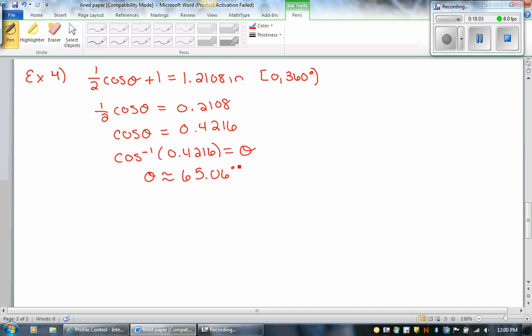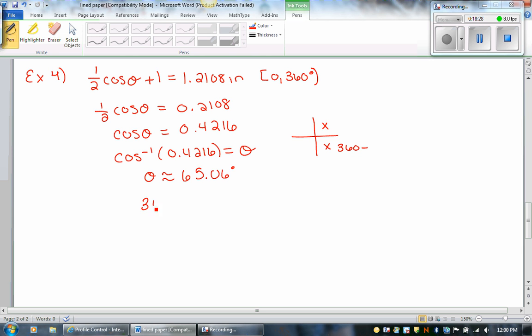Okay. Since we know cosine is positive, again, remember, you're always checking back on those quadrants. Cosine's positive in the first and fourth, which means we're going to have to find an angle in the fourth quadrant that is going to make this function equal to 0.4216. So to find that fourth quadrant, we know we're dealing with 360 minus.